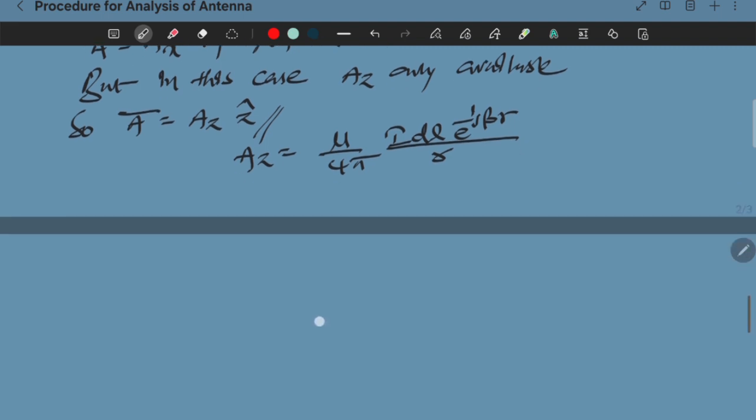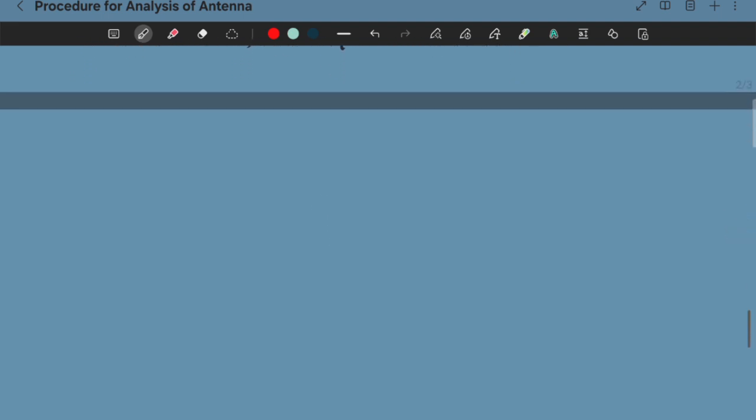But as I said, I need to convert this A bar into the spherical coordinate system. That means I need Ar, A theta, A phi to write this A bar in the spherical coordinate system. So I need to convert it.